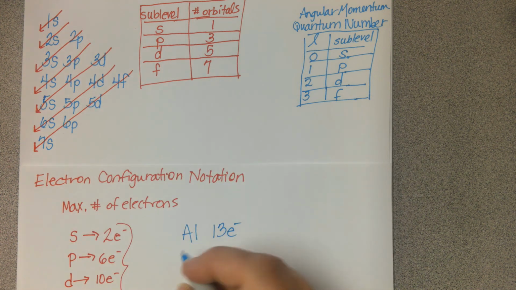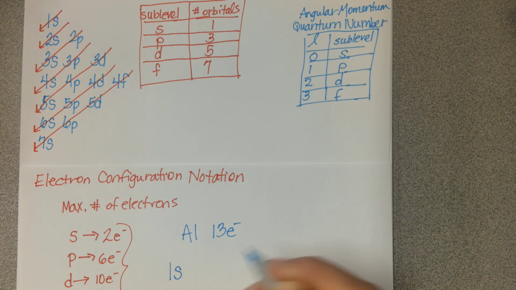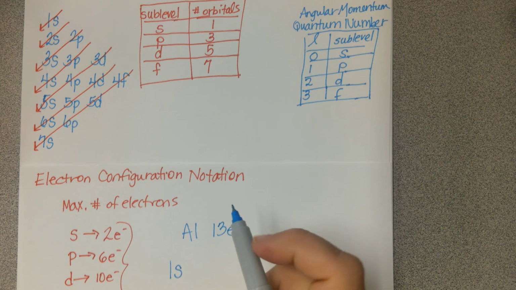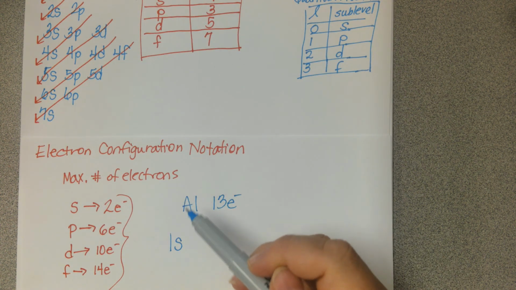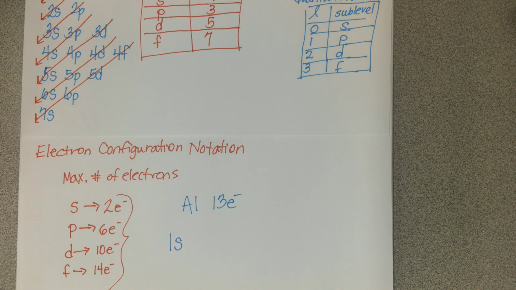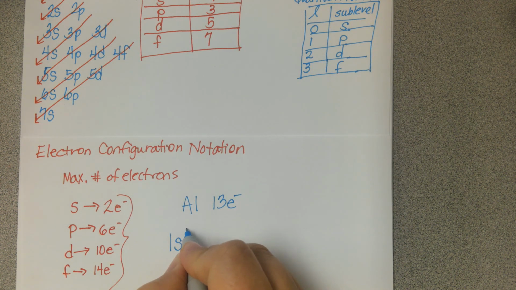So we're going to start with 1s. We're going to write that down, but this time, instead of drawing that orbital and the arrows for the electrons, all that we have to do is put how many electrons are in this sublevel with a superscript. And so I can put 2 electrons in this s sublevel.